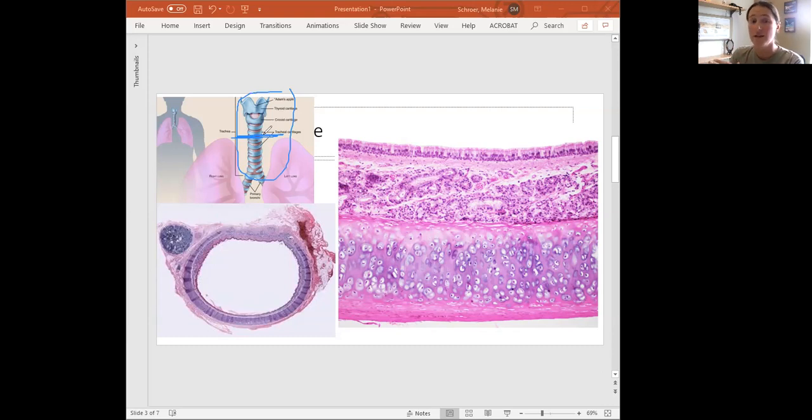We would stain it, and of course different cells, different organelles are going to absorb different stains a little bit differently, so this is how we can start to differentiate between structures here.